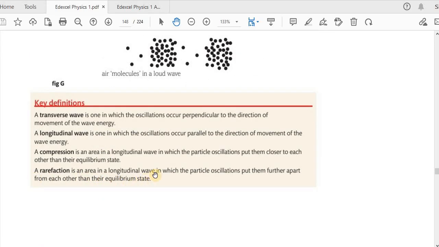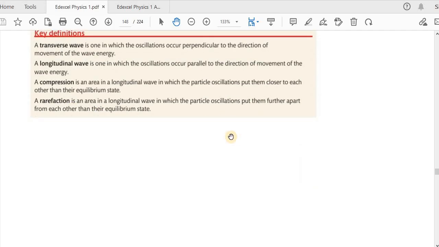Here they are closer to each other than their equilibrium state. Compression, rarefaction, further apart. So we have these compressions and rarefactions in longitudinal waves.